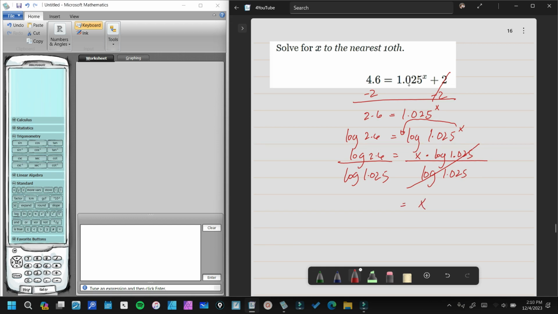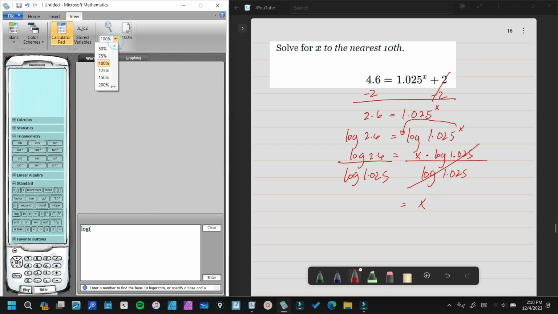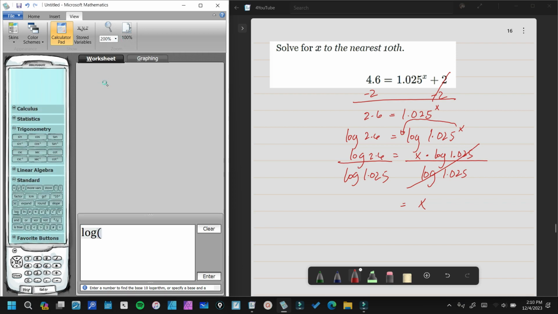So now let's just use our calculator to solve the problem. We have here logarithm 2.6 divided by logarithm 1.025.